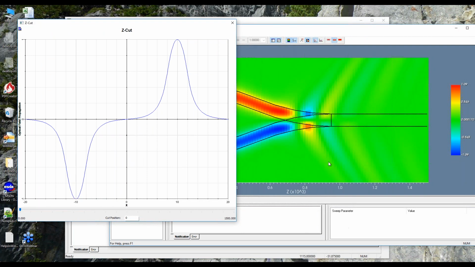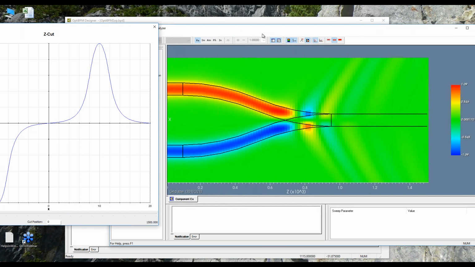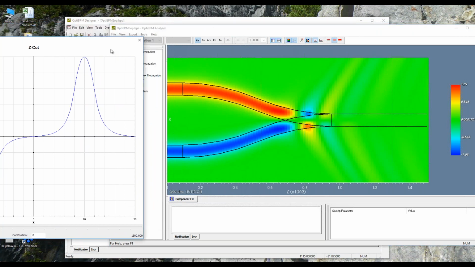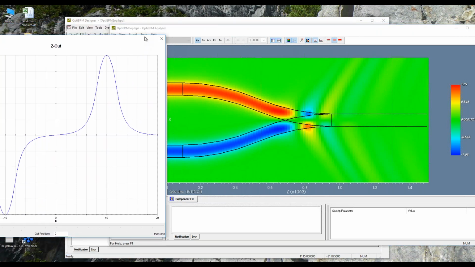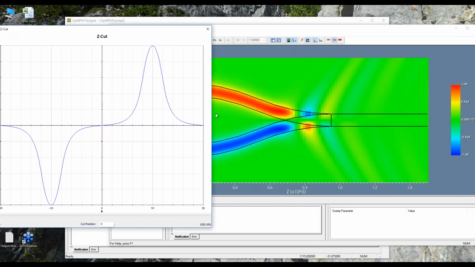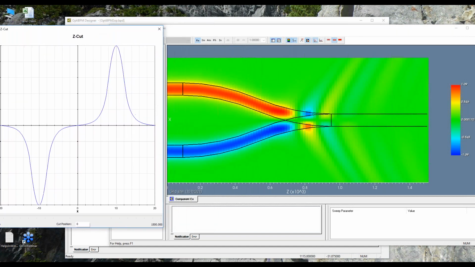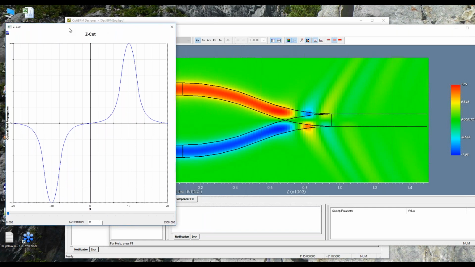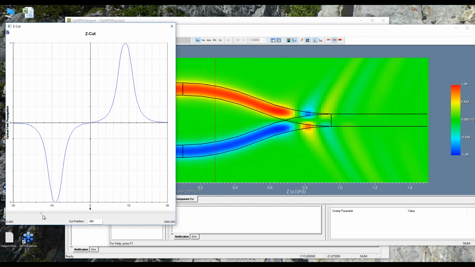And when we move together, let me arrange my windows a little bit so you can see things. When we move together, the waves come together, and well, not too surprisingly, they cancel each other out, don't they?